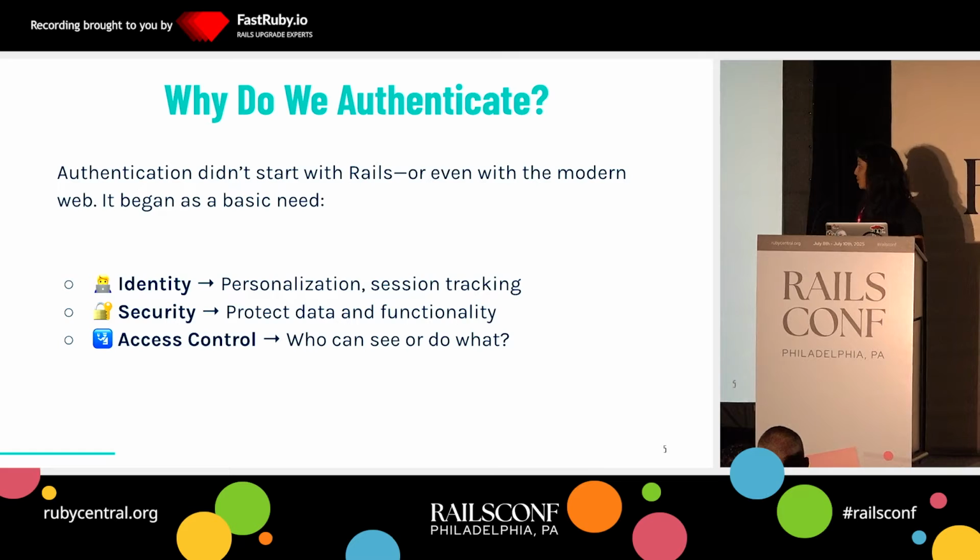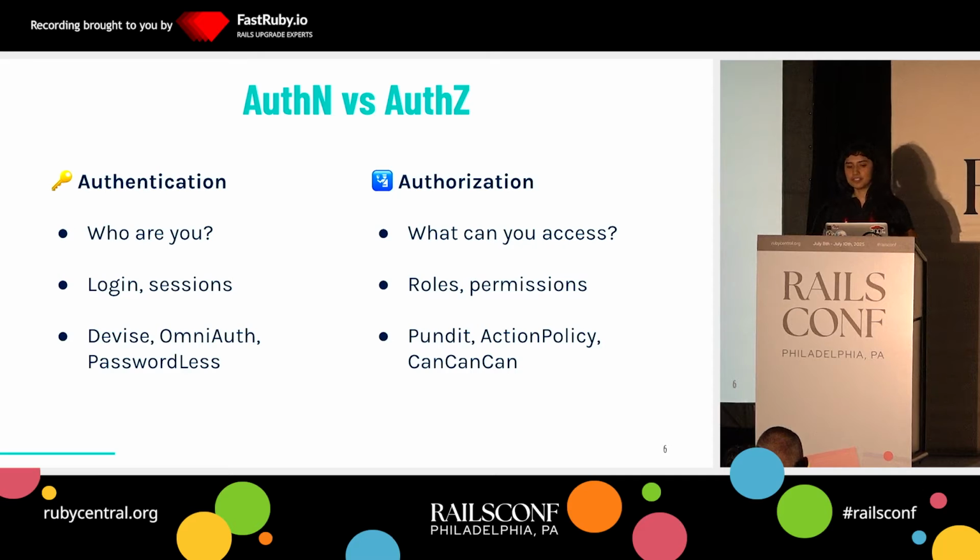But as web apps grew more complex, so did the need for identity, permissions and state. We needed more than just knowing who someone was. We needed to control what they could do. And that's the main difference between authentication and authorization. Some people confuse these two terms. They're different.